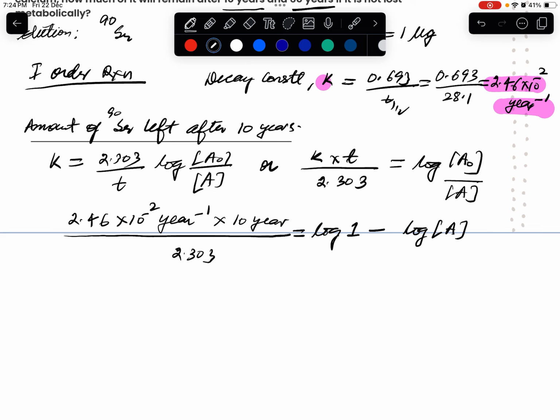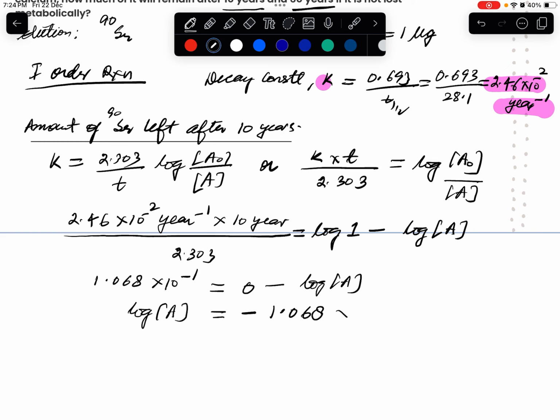So we will calculate the value, and after calculation we get 1.068 into 10 raised to the power minus 1 is equal to log 1 is 0, 0 minus log of A, so it is equal to minus 1.068 into 10 raised to the power minus 1.